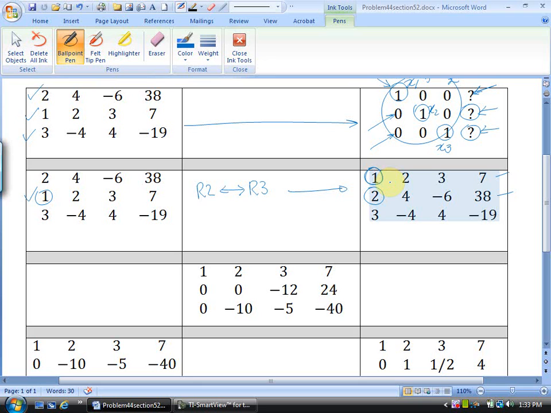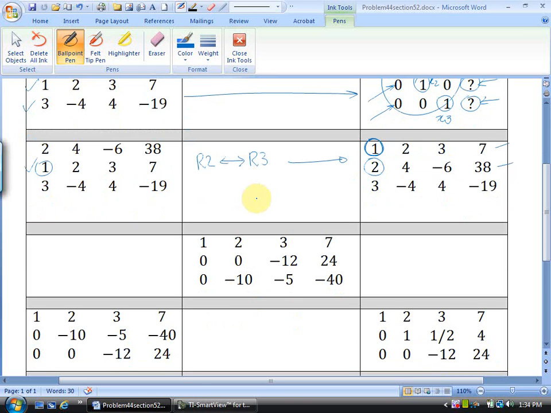So how can I get negative 2 when I have a 1? I take this one and multiply it by minus 2, and then I add it to this 2, and that gives me 0 right where the 2 is. So let's write that rule. We say minus 2 times row 1, add it to row 2, and put that into row 2.